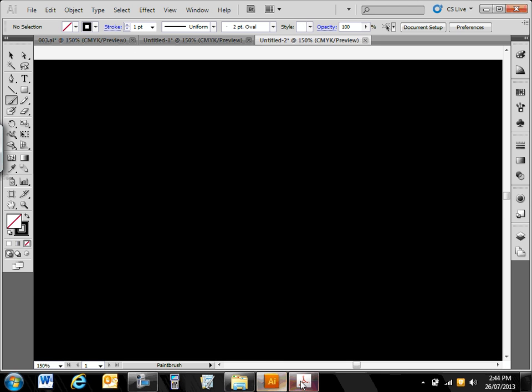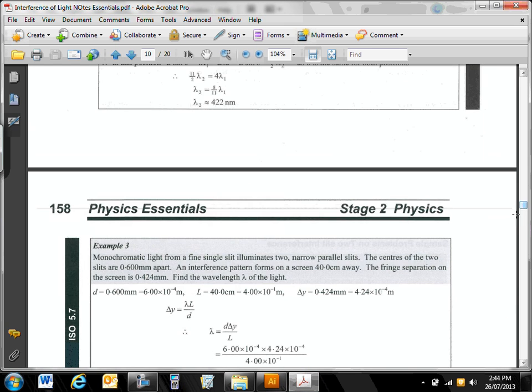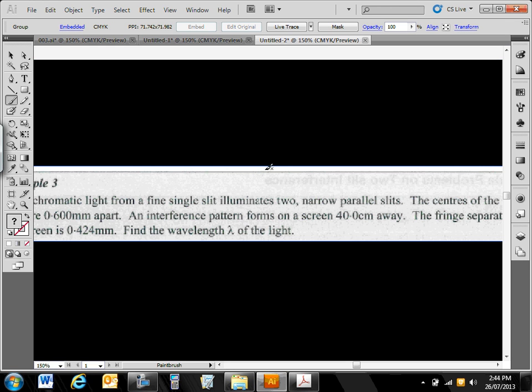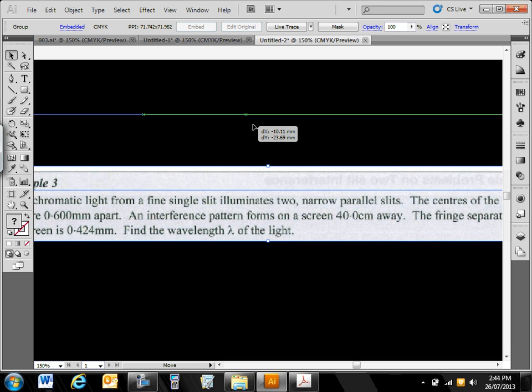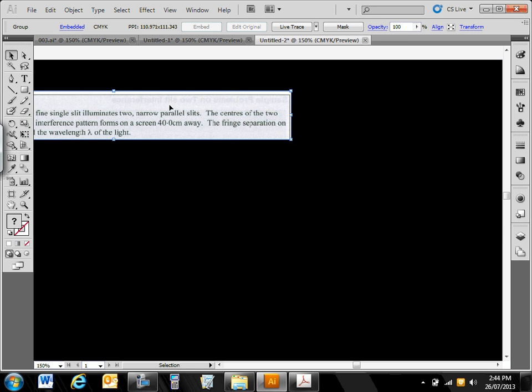Another problem. The problems in this portion of the text come thick and fast, which is good. Monochromatic light from a fine single slit illuminates 2 narrow parallel slits.